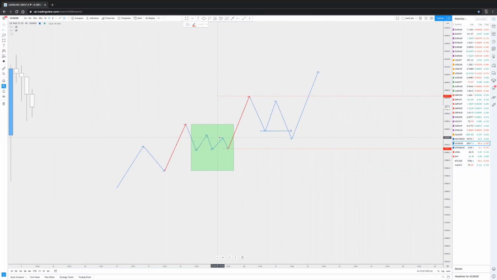That could have been based on a previous area of resistance finding that support, maybe not being able to reach there the first time, having to reject again to come back into that area of lower prices before price can push away. So this is not a break of structure. Why? Because your impulse hasn't been broken as yet. Your higher low basically hasn't been broken yet, so structure is not broken. When we're dealing with the inside, that is literally just off of a support and resistance structure base, right? That is how we're going to be looking at it.